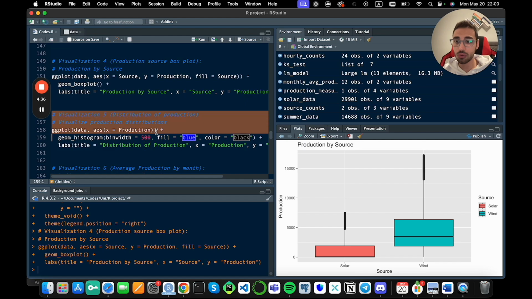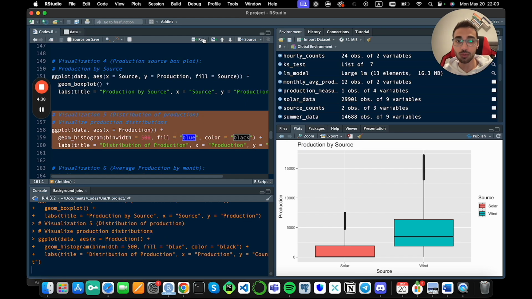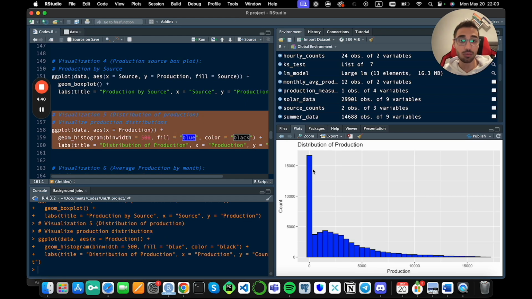So let's go to the next visualization, which is the distribution of production. As you can see, on most of the days we didn't produce anything and it is zero, and that is almost normal here, maybe because both wind and solar energy produce on this interval.